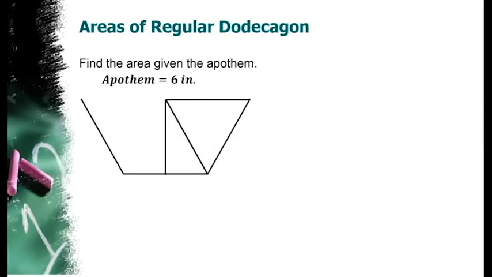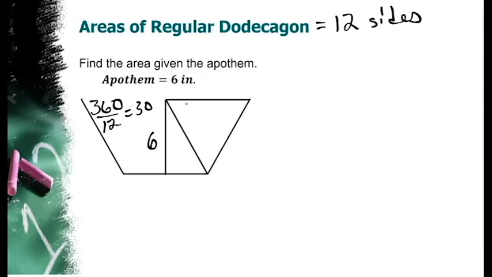For our final problem, we're going to be looking at a dodecagon. For those of you who forget, a dodecagon has 12 sides and an apothem of 6. We can do 360 divided by 12, which is 30.